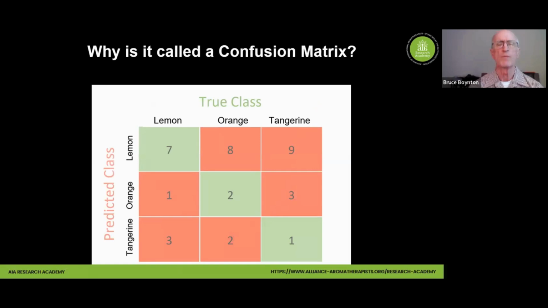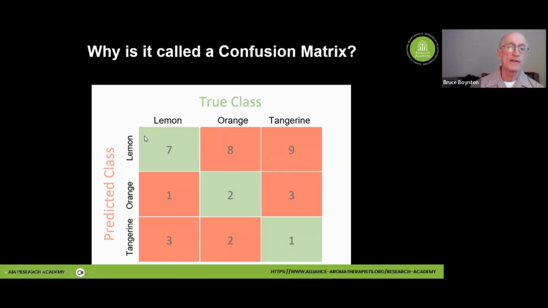Okay, why is it called a confusion matrix? It seems pretty simple. Well, think about a larger set. Now, this is a 3 by 3 matrix. It has 3 rows and 3 columns. And I just labeled this arbitrarily: lemon, orange, and tangerine. You might think the predicted class is what a young child says, a child you're trying to teach. And this is what it really is.